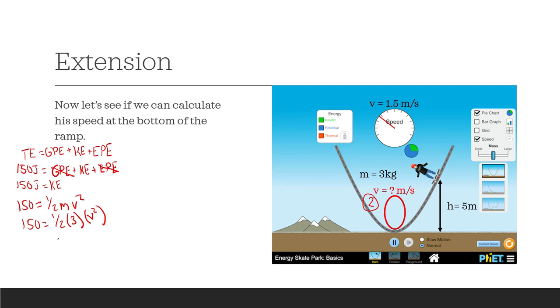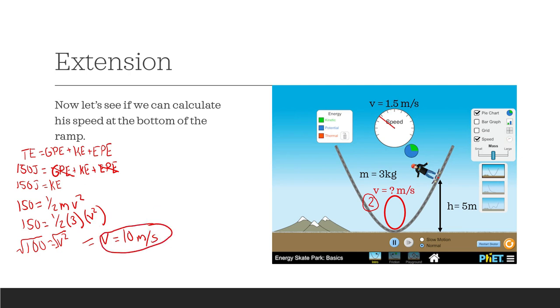Now in order to solve this, we'd multiply each side by 2 and divide by 3. So that's going to give us 100 equals v squared, which gives us, if we take the square root of both sides, v equals 10 meters per second.